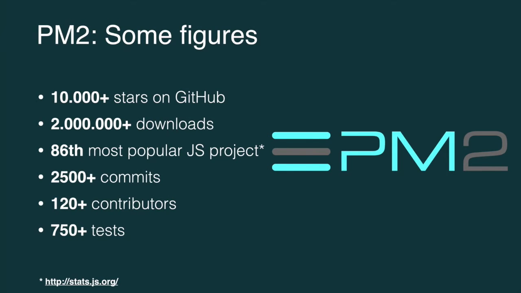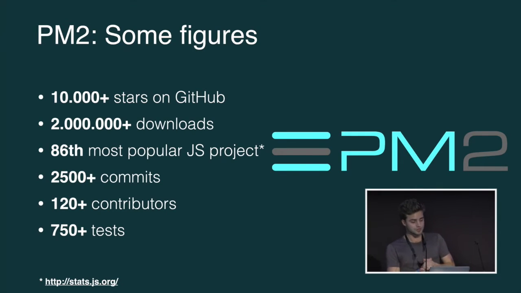So just some figures about the software. We have more than 10,000 stars on GitHub, more than 2 million downloads. The project is the 86th most popular JavaScript project on GitHub. There are more than 2,500 commits, more than 120 contributors, and more than 750 tests.